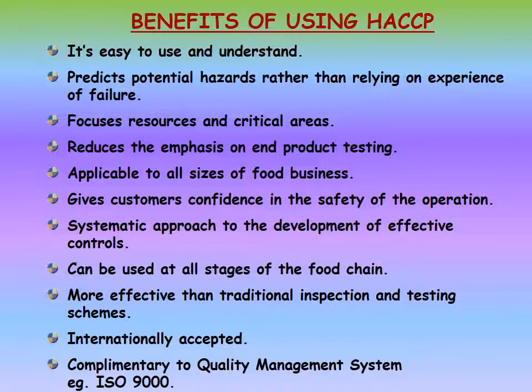HACCP system focus resources on critical areas, and also HACCP system give customer confidence in the safety of the operation, can be used at all stages of the food chain, more effective than traditional inspection, and complementary to QMS, quality management system.